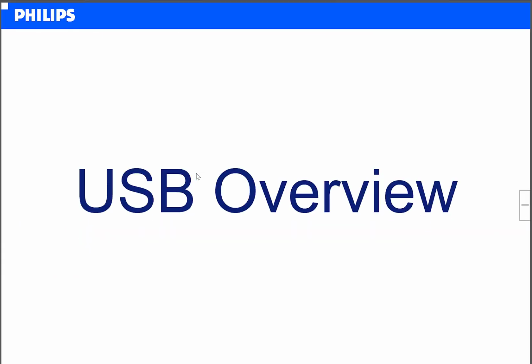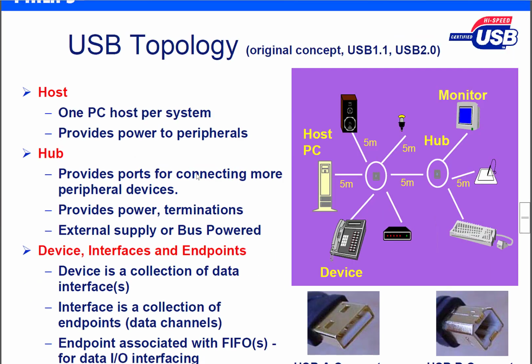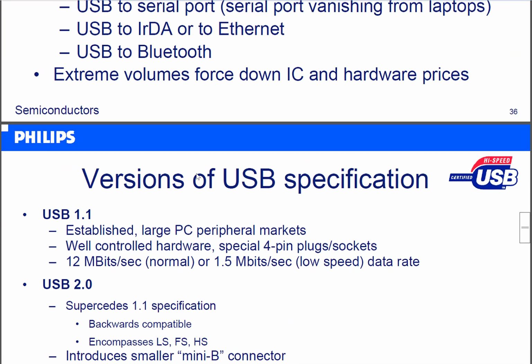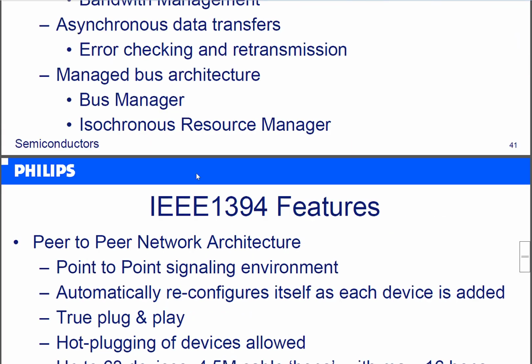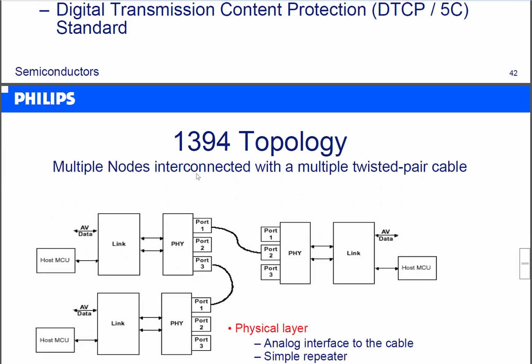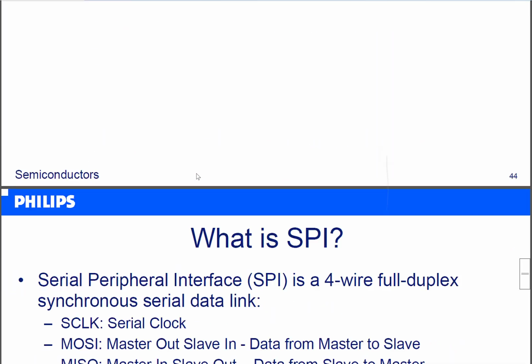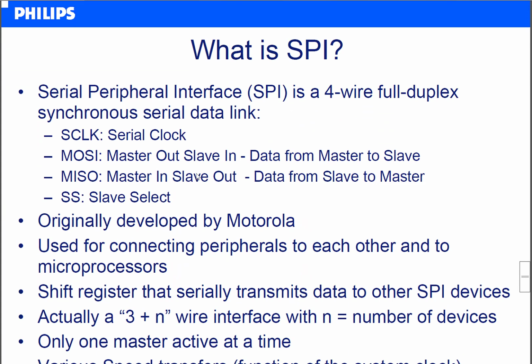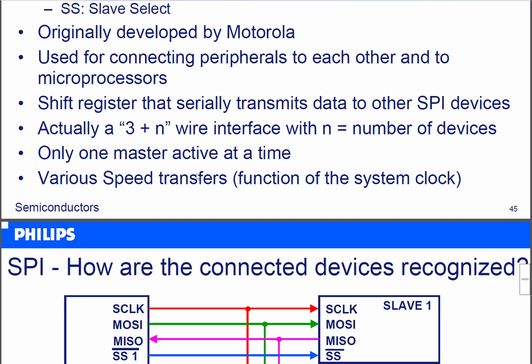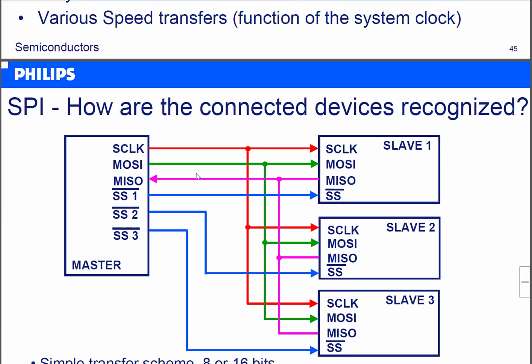I know I said I was going to let you review this yourself, but lots of people are familiar with USB, and have a look if you're interested. This is a little bit outdated on USB. IEEE 1394 is kind of old. SPI, very popular communication protocol, particularly in embedded systems. Very easy to implement. It is a synchronous protocol because it transmits the clock across the wires as well.